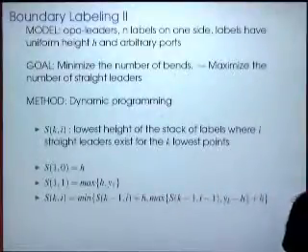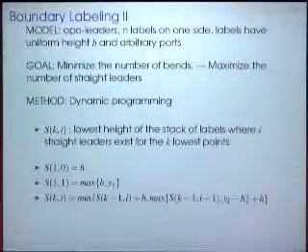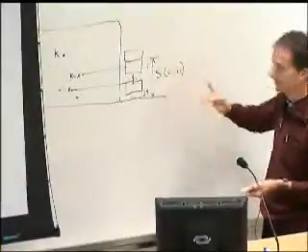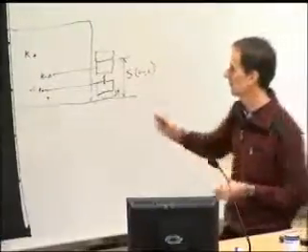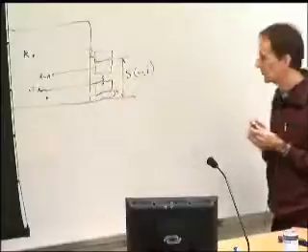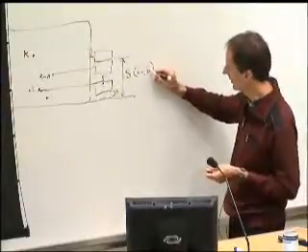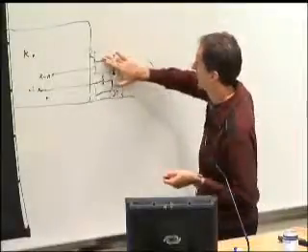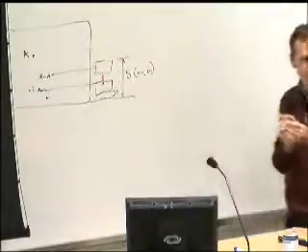That's the height. If not, then we compare this solution, where we have that, to the other solution where we have here k minus 1, i minus 1.